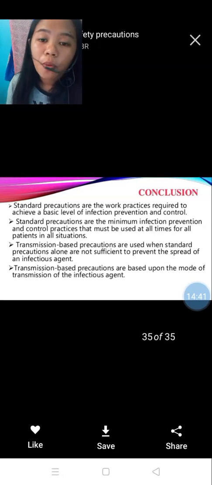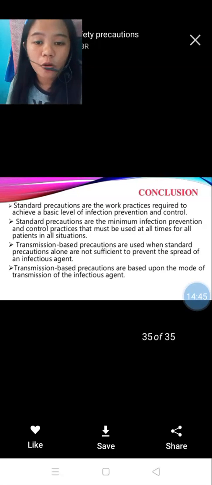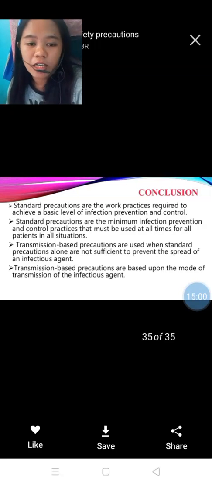Transmission-based precautions are used when standard precautions alone are not sufficient to prevent the spread of infectious agents. Transmission-based precautions are based upon the mode of transmission of the infectious agent.